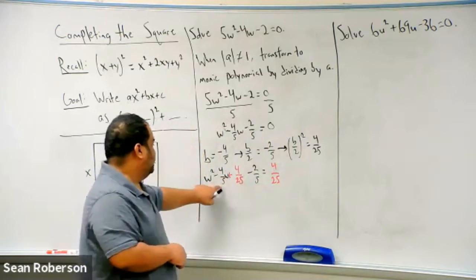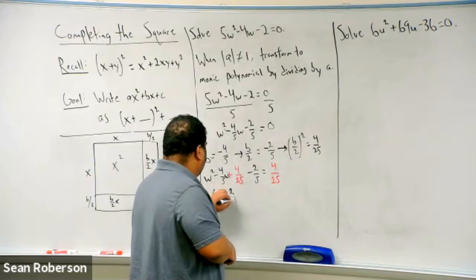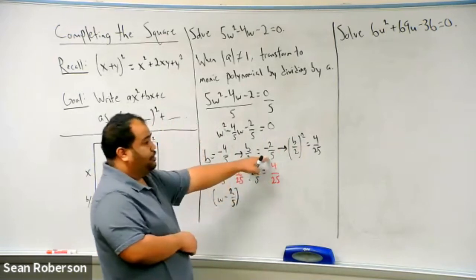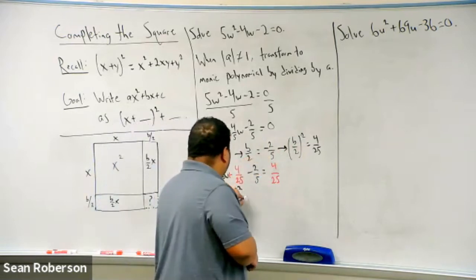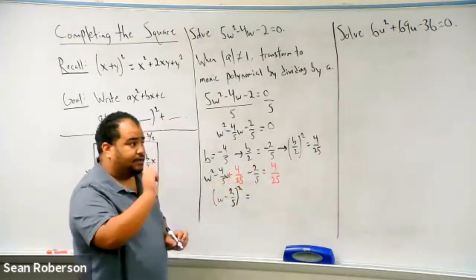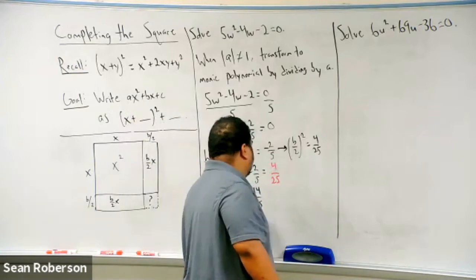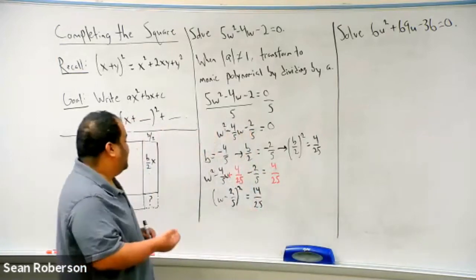You'll see that this will actually factor as w minus 2 over 5, that's this thing right here, squared equals 4 over 25 plus 2 over 5. If you do that, that becomes 14 over 25. Get a common denominator, you can check that.